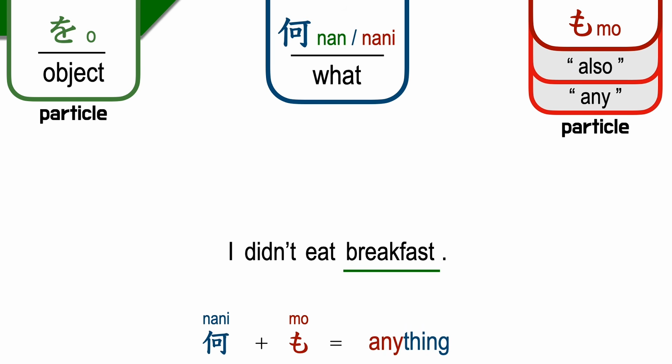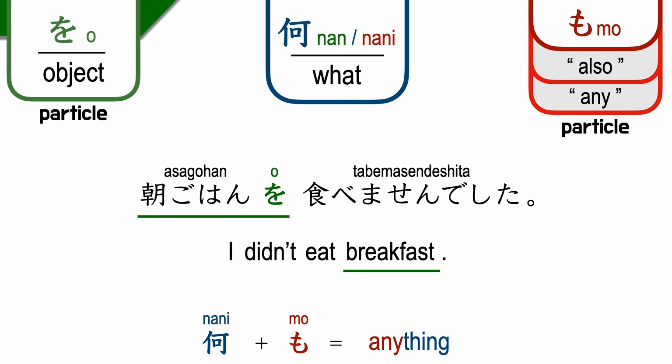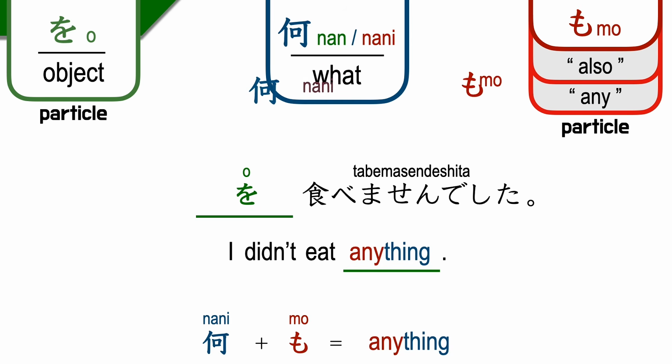I didn't eat breakfast. 朝ごはんを食べませんでした。I didn't eat anything. Do not say 何をも食べませんでした。Because again, を and も cannot be used together.